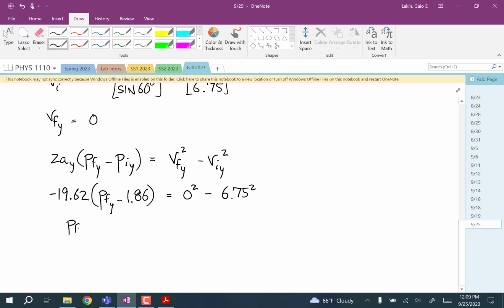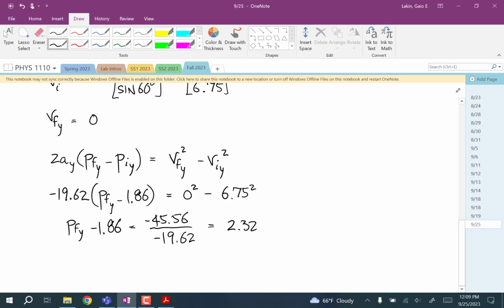So PFY minus 1.86 is equal to negative 45.56 divided by negative 19.62. Can you divide that out too? 2.32.